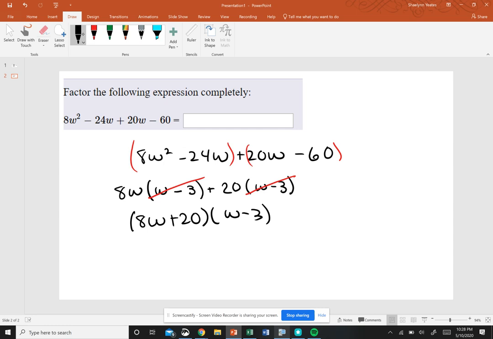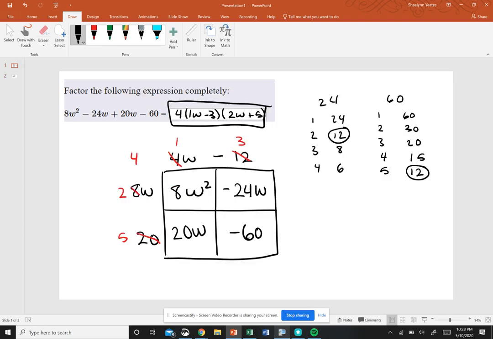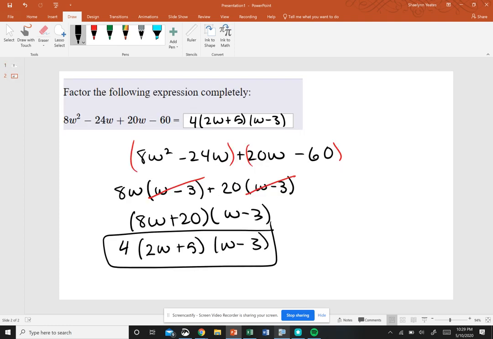Now, if you notice, the 8 and the 20 have a common factor. It's 4. Imagine that. So now if we pull out the 4, we're left with 2w plus 5 and a w minus 3. So we have 4, 2w plus 5, w minus 3, which is the answer that we had before.